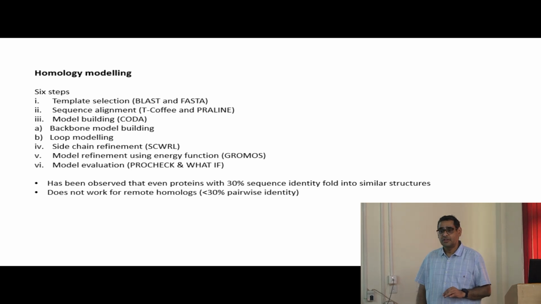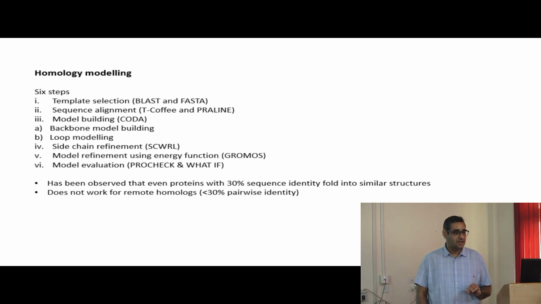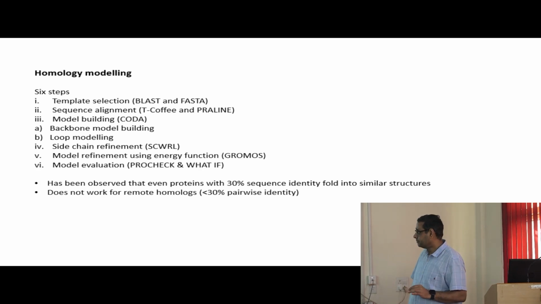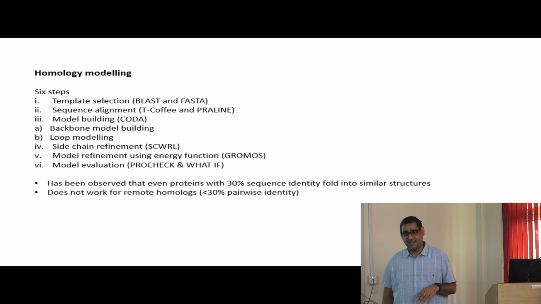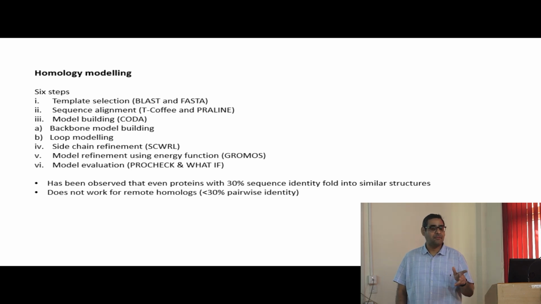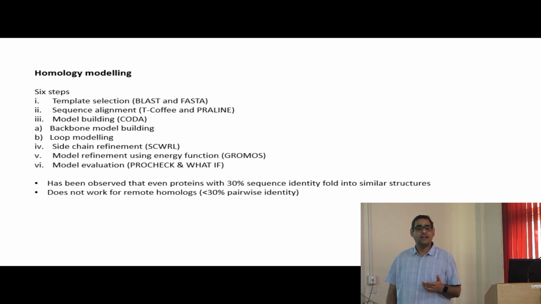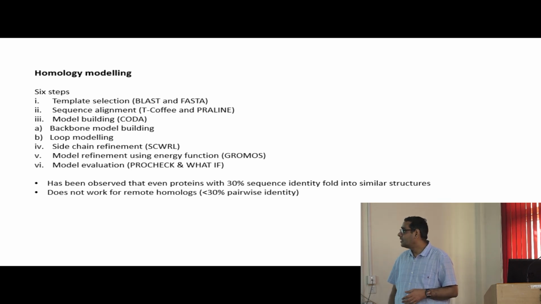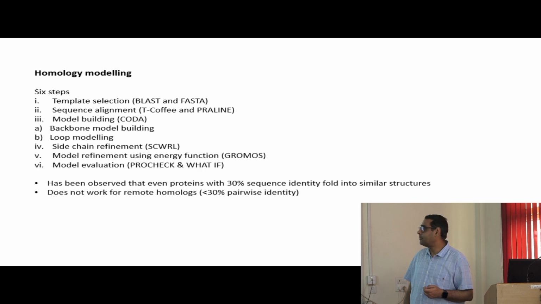If you don't do a single step, your experiment is not complete. Many people try to skip loop modeling because it is a time-taking activity, and if you are handling many structures together or doing homology modeling for many other objectives, then it is a time-taking step.